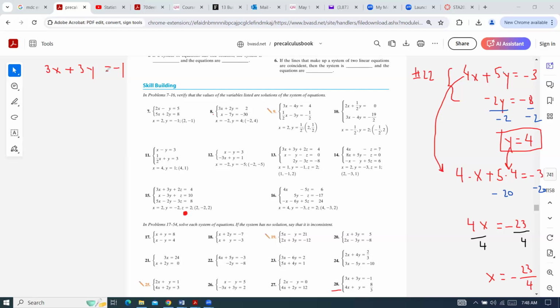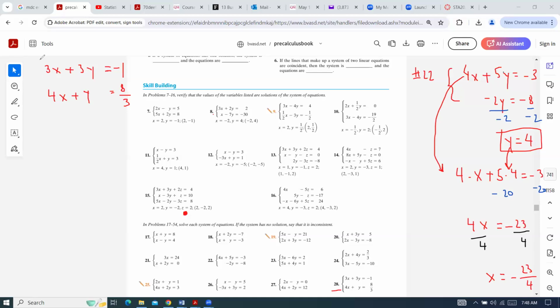But the second equation is 4x plus y is equal to positive 8/3, right? So we got this second equation with a fraction. And that's fine. There could be fractions, it doesn't really matter.